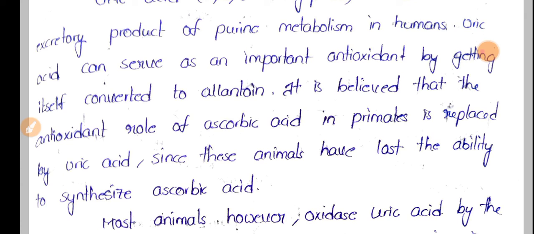It is believed that the antioxidant role of ascorbic acid in primates is replaced by uric acid, since these animals have lost the ability to synthesize ascorbic acid. So this is not all necessary, but till uric acid formation we require.